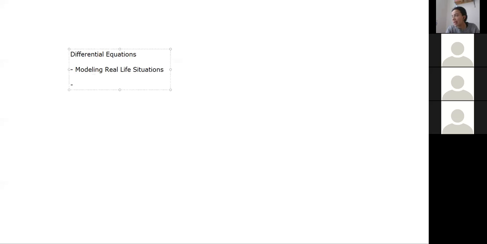What we've been doing today is learning how to verify that a function satisfies a differential equation, and then how to determine if something is a particular solution of an initial value problem, and how to find a particular solution.